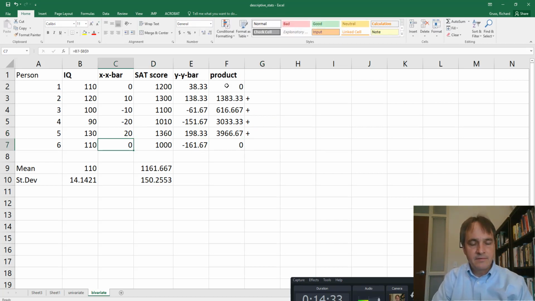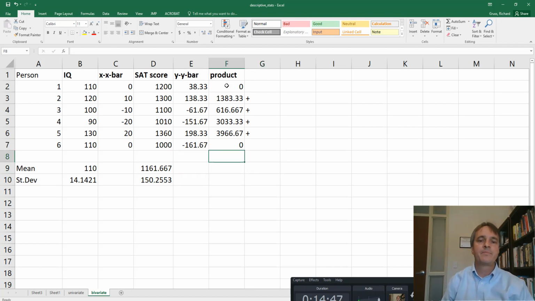If this had been positive and this had been negative, we would actually have a negative here. But as it stands, all of the numbers here are positive. So this gives us something to go on. Now we know that these two are positively related in some way.